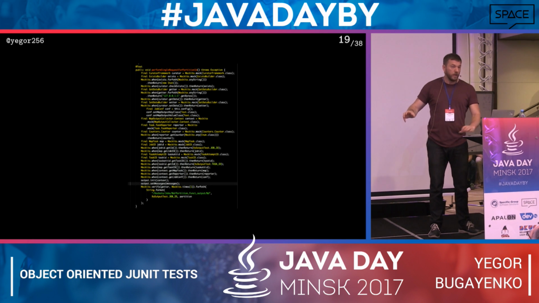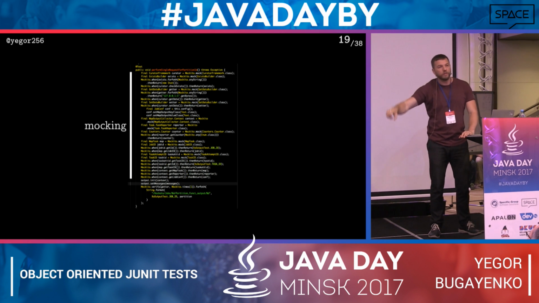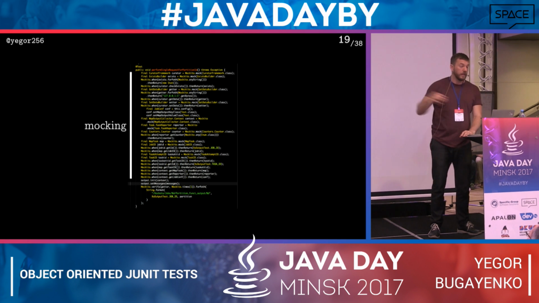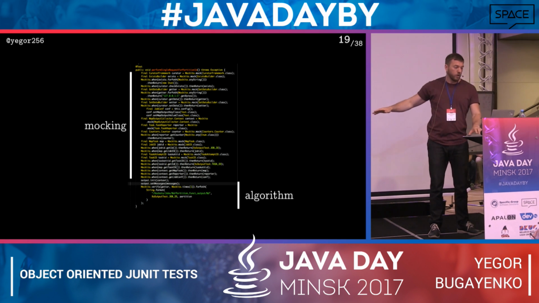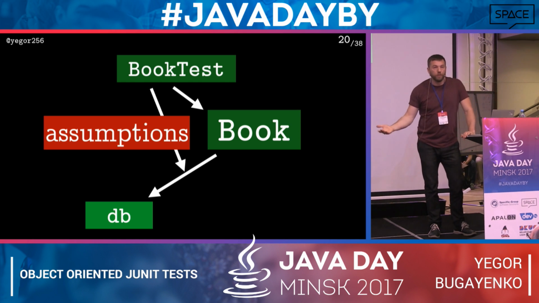So this code made a lot of assumptions, saying that I assume that one of the objects in production will connect there, and another one will call this method, and another one will expect that result. There are tons of assumptions made here, which makes it so difficult to refactor the book and the database.